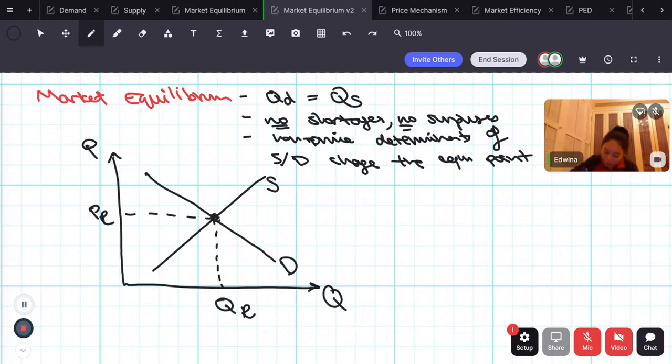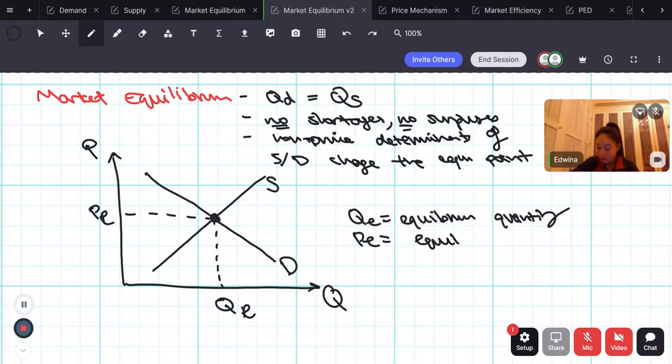This is the point where supply is equal to demand, as in the intersection point between the two curves, meaning that the quantity demanded is equal to the quantity supplied, meaning that it is the market equilibrium. And so we write QE is equal to equilibrium quantity, while PE is equal to the equilibrium price.